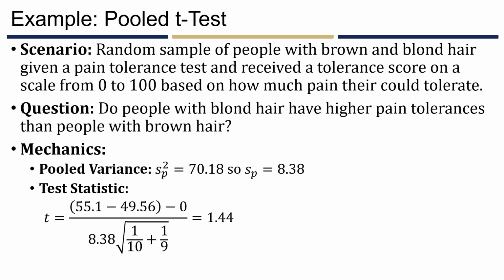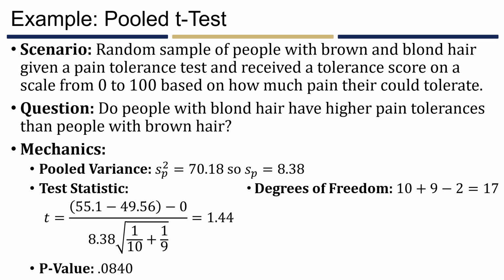In the denominator, we take the pooled standard deviation of 8.38, multiply by the square root of 1 over 10 plus 1 over 9 to get our test statistic of 1.44, which matches what we saw on the previous slide. In terms of degrees of freedom, we take the sample size for the people with blonde hair, which was 10, add on the sample size for the people with brown hair, which was 9, subtract off 2, and get 17 degrees of freedom. And the p-value we can again just pull from the output, 0.0840.